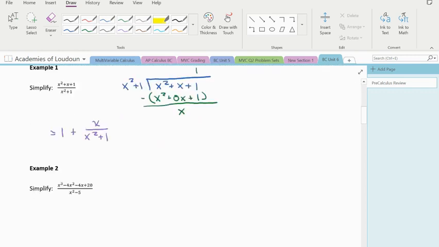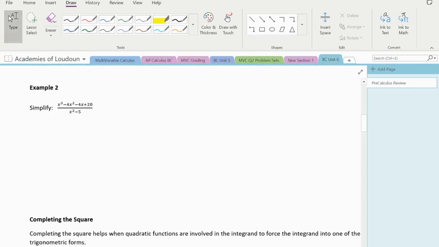All right, so let's go ahead and take a look at example 2. And again, we're going to be dividing a quadratic of x squared minus 5 into x cubed minus 4x squared minus 4x plus 20. So x squared goes into x cubed x times.